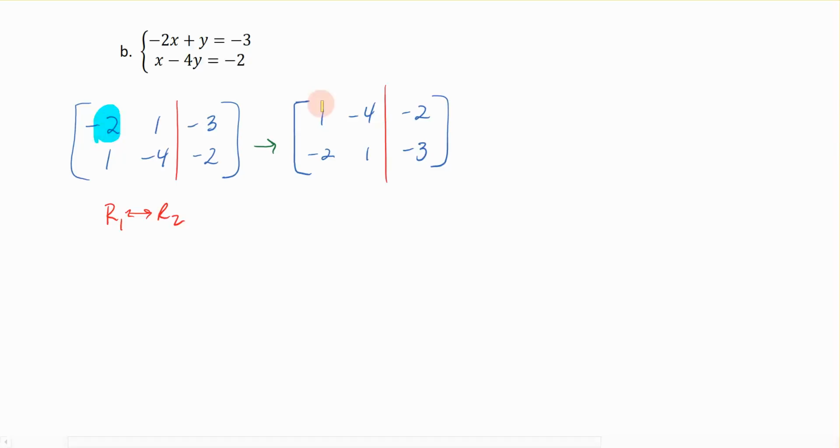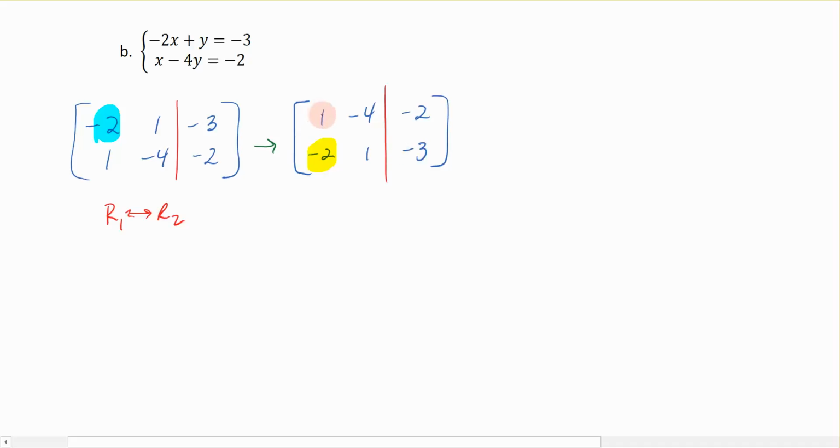The next thing I want to do now that I have a 1 here is put a 0 right under it. And anytime I want to get a 0, that's going to be a multiply-add concept. That's the operation I want to do, multiply and add. So I am going to multiply row 1 by some number and add it to row 2, creating a brand new row 2.